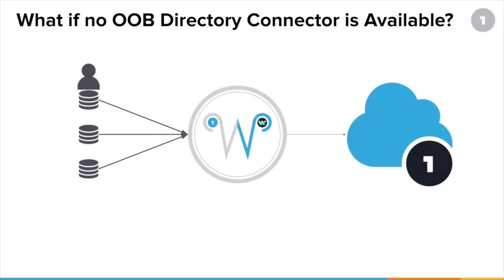We also have our Universal Directory Connector. Again, the purpose of the Universal Directory Connector is to give you an option if we don't have a directory connector pre-made for you. We're able to create connections to over 1,000 different SaaS applications.